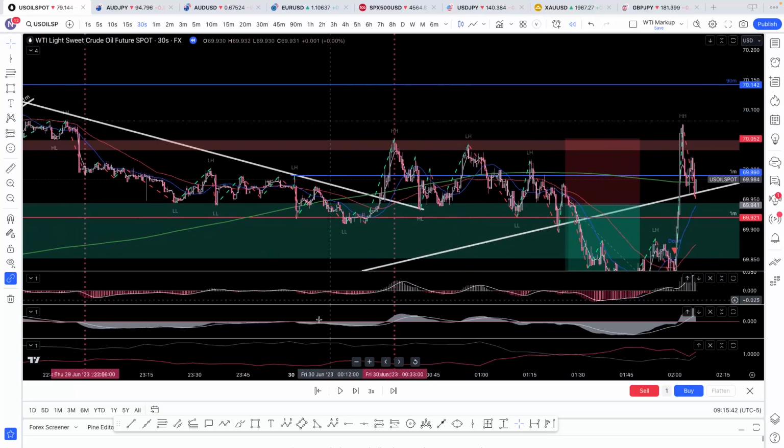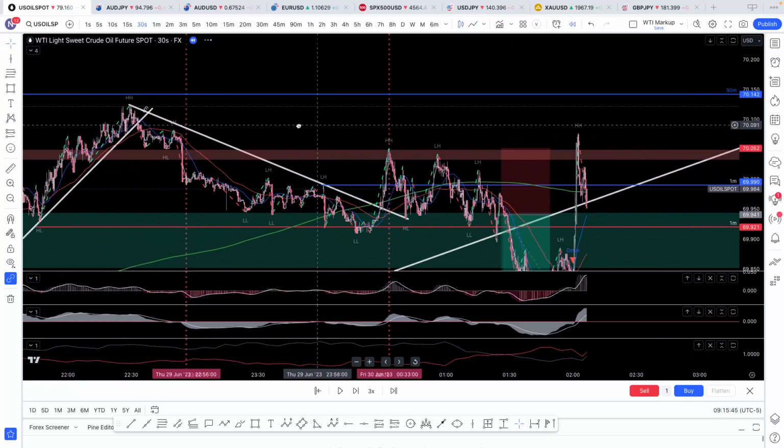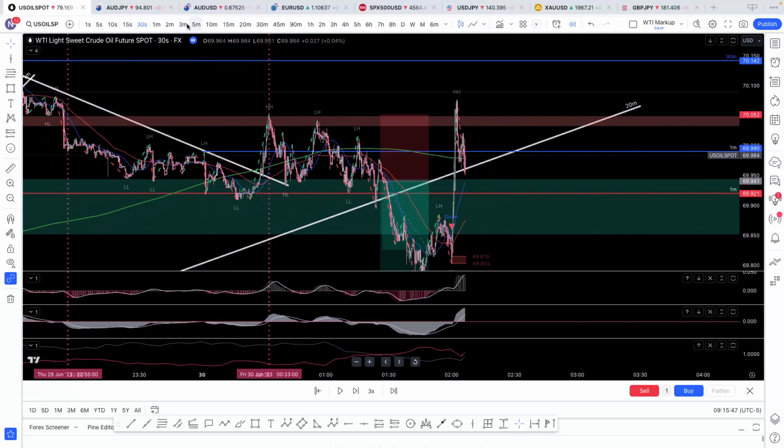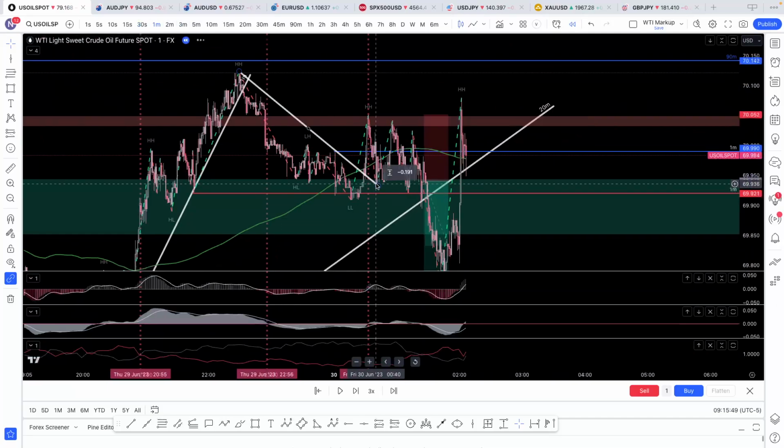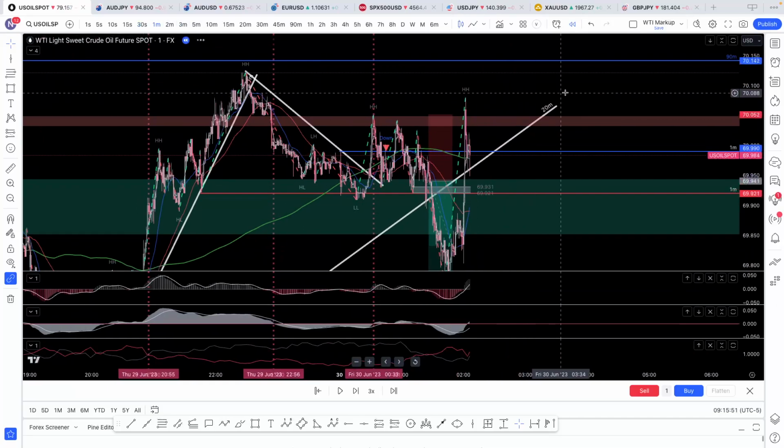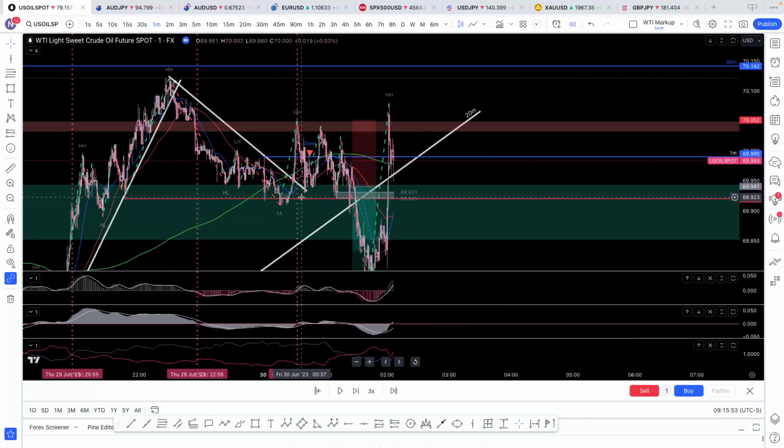What else could I have done? What I didn't do also was adjust my triangle as price continued to play out. Well, price actually didn't make a lower low here, so it didn't necessarily need to be adjusted quite yet.